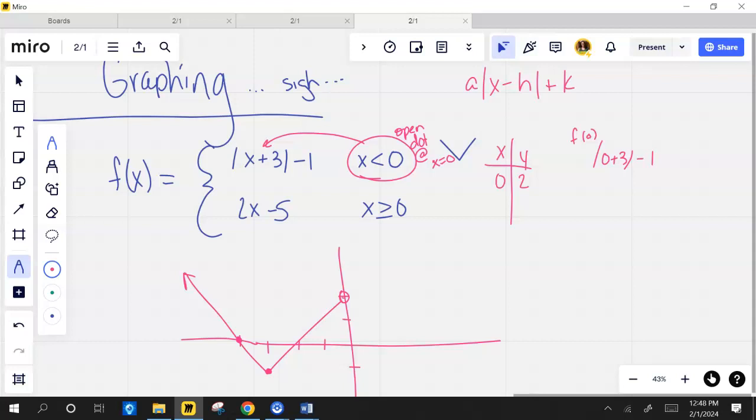Or you could reflect this one. 1, 2, 3, 1, 2, 3. Yes, that's going to be a filled in dot. You can either reflect this point over the middle, or from the vertex, since there's no stretches or shrinks on it, you can just go up 1 over 1.